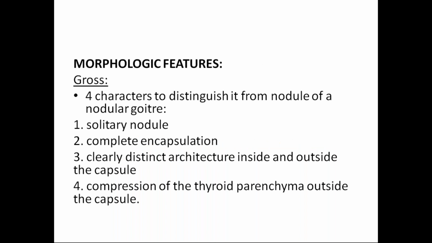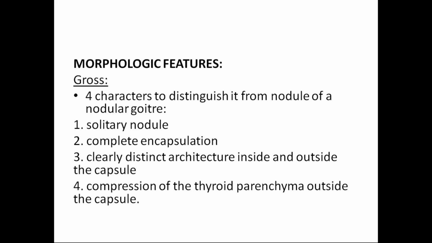So, morphological features. We need to see first the gross. There are 4 characteristics which can distinguish the solitary nodule of follicular adenoma from the dominant nodule of a multinodular goiter. The dominant nodule of a multinodular goiter we cannot differentiate clinically, only histologically we can differentiate it.